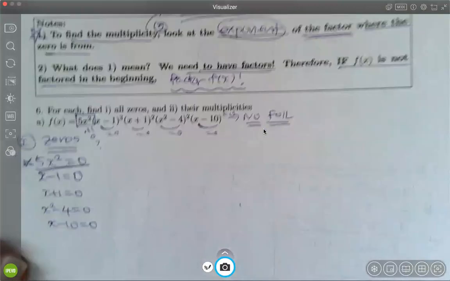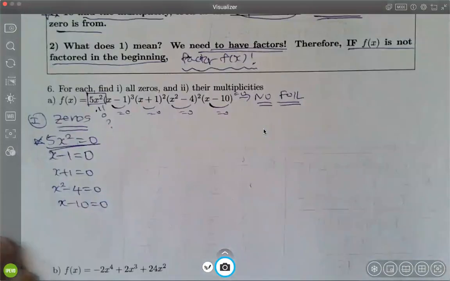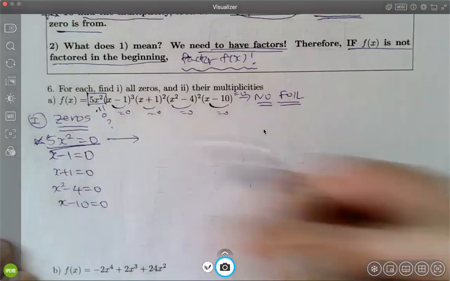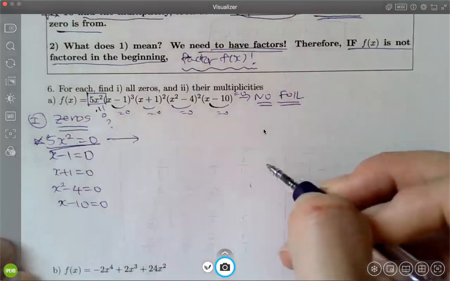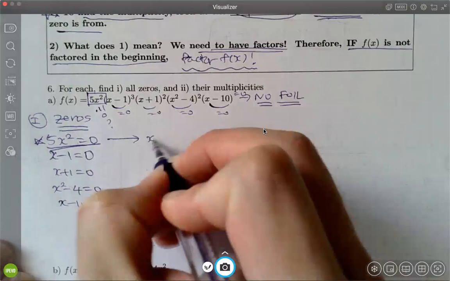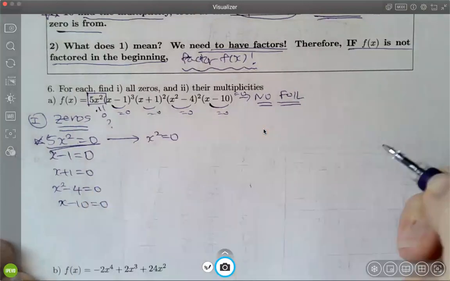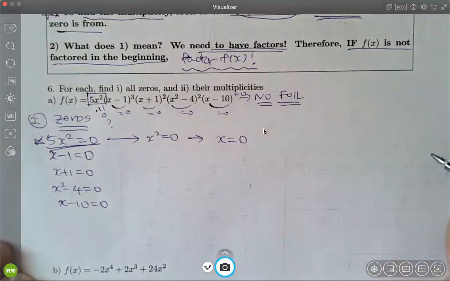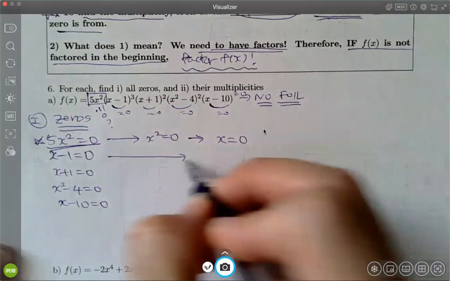Okay, so now let's look at this top equation. First, what do we do? Divide by 5, right? So x squared is equal to 0. Okay, so x is equal to 0, by taking the square root, right? And now from here it's pretty easy. x is equal to 1, right?